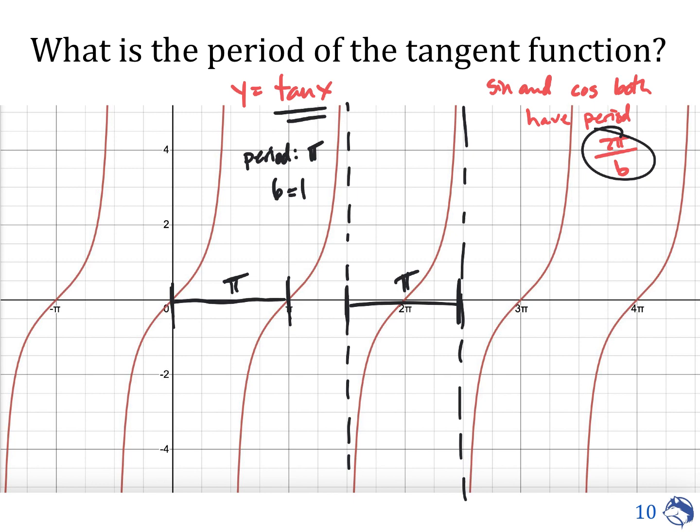And in fact, the formula for the period of the tangent function is pi over b, not 2 pi over b. So what that really means is the tangent graph repeats twice as quickly as the sine and cosine graphs do. So just pay attention to that when you're graphing these tangent graphs.